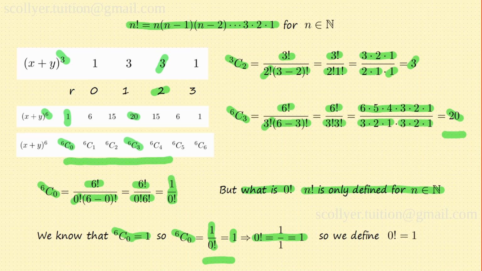So we must in fact define 0 factorial to be 1 in order to make the formula for nCr work correctly when r equals 0. And it's worth being aware that 0 factorial equals 1 does not come from this formula. We simply have to define that to be the case in order to make the formula for nCr work correctly.